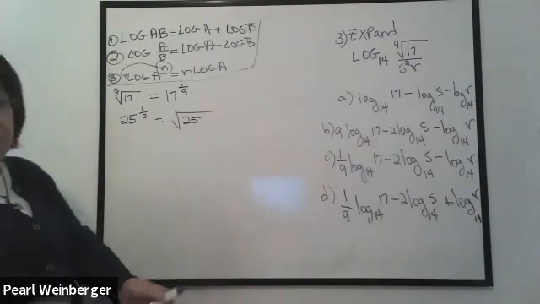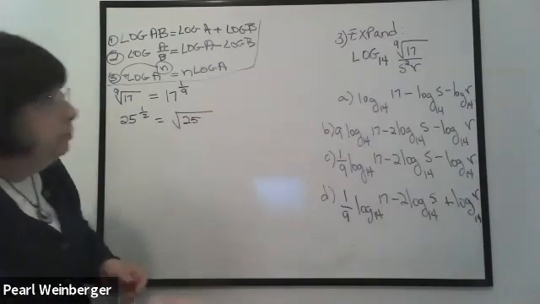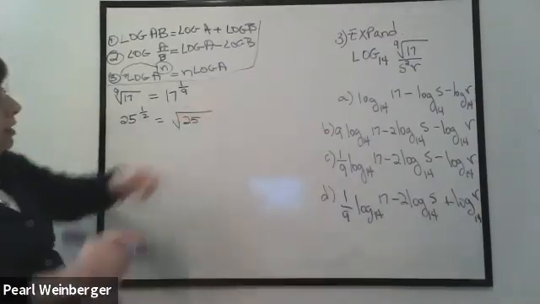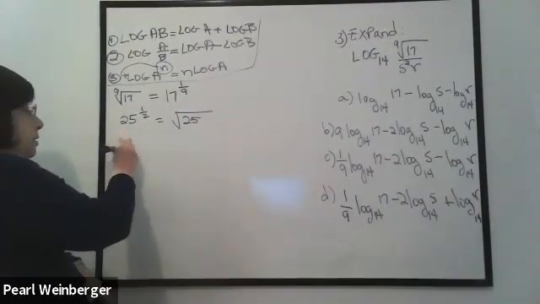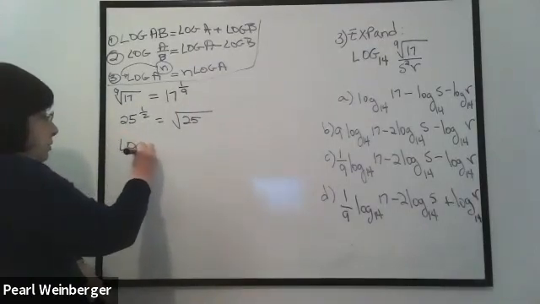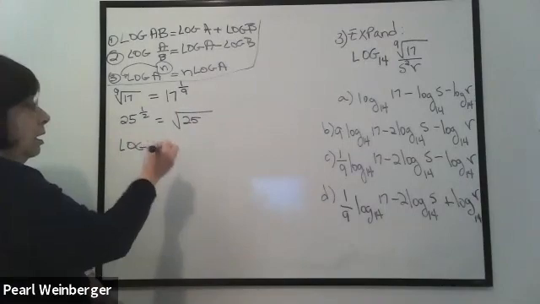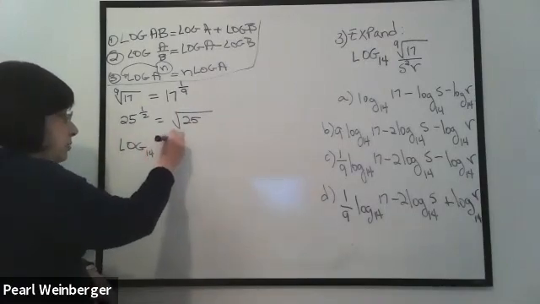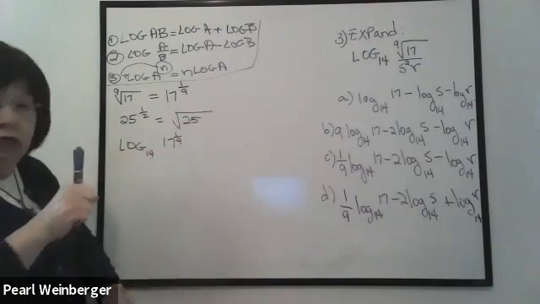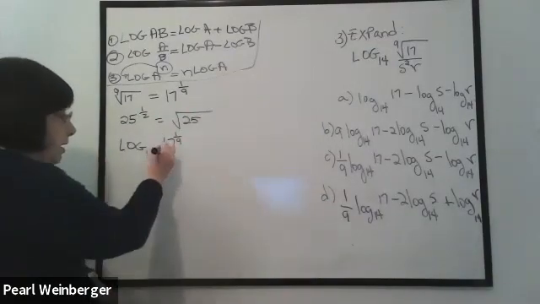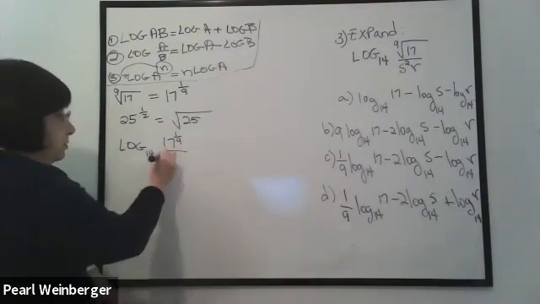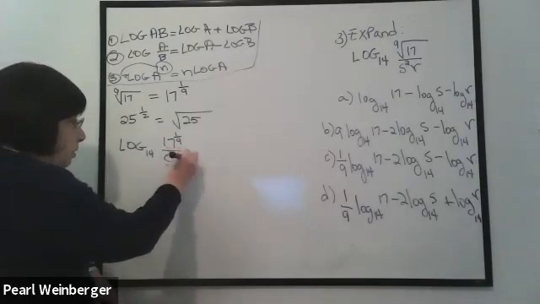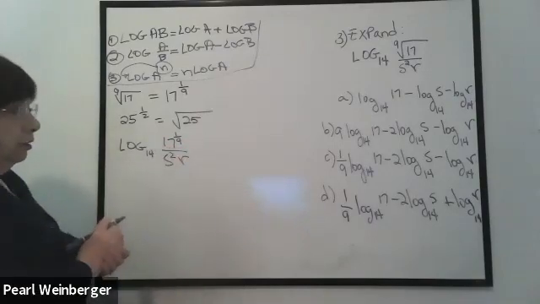So that's the first thing we notice, that this is really log base 14 of 17 to the 1/9 power, over s squared r, because I changed that radical to an exponent.